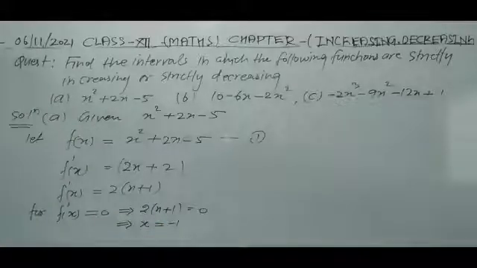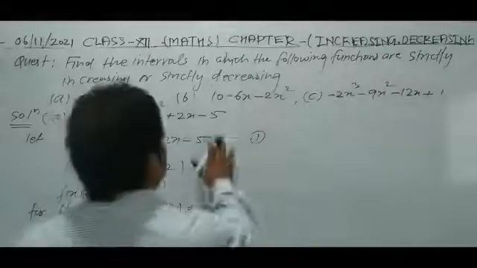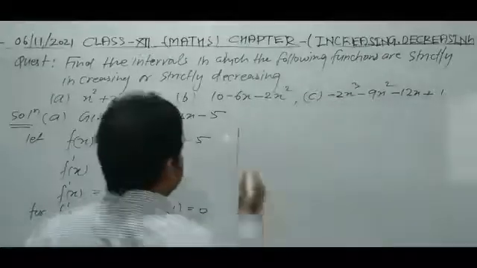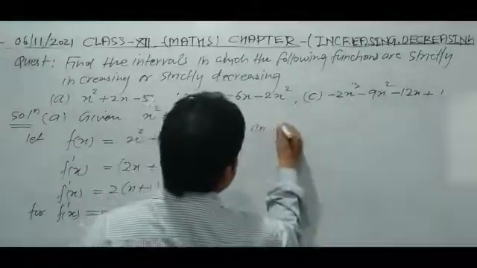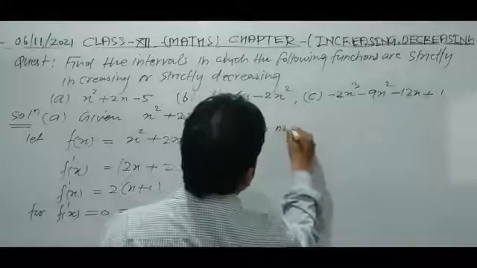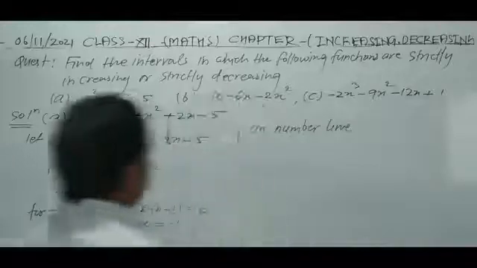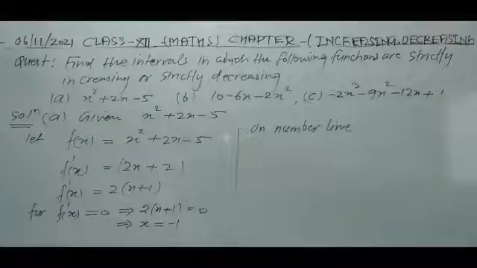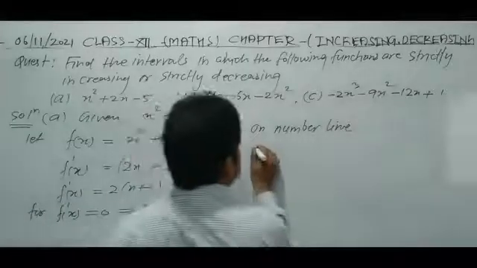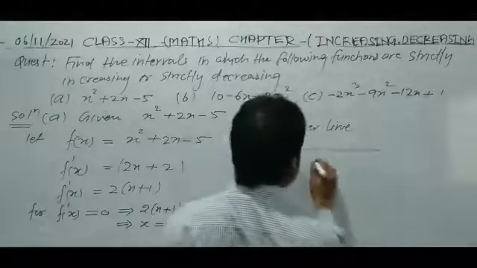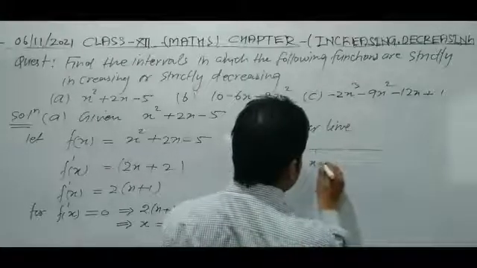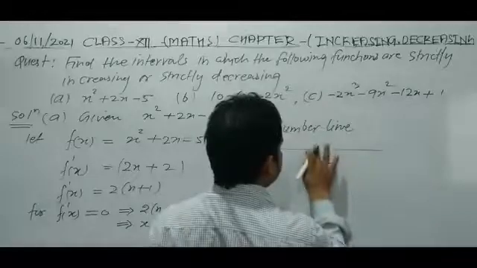This is the point. And now the intervals on the number line. On the number line, you have to represent this point, x is equal to minus 1.